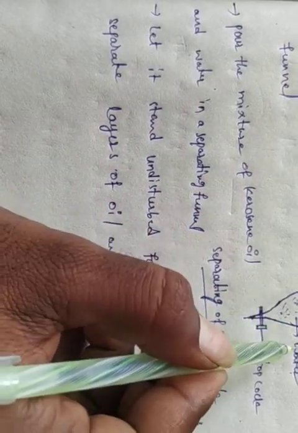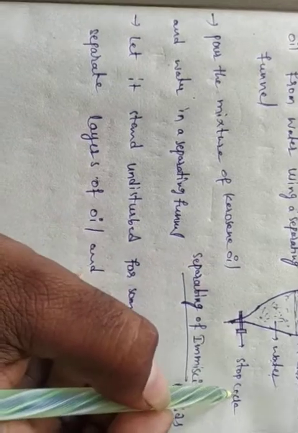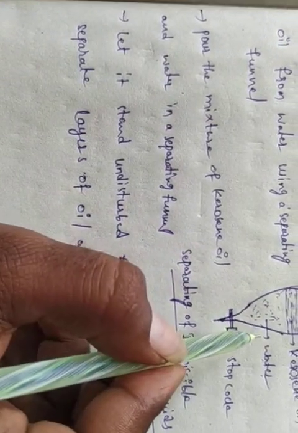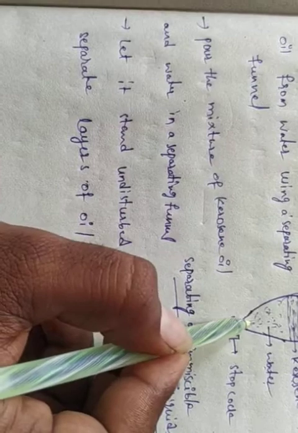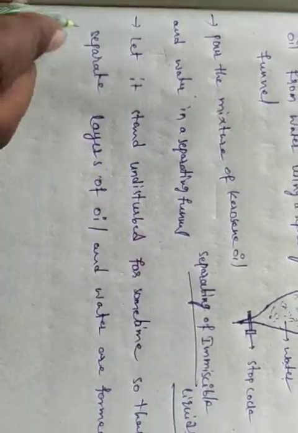Here the lower layer is water. Open the stopcock of the separating funnel and pour out this lower layer of water carefully.